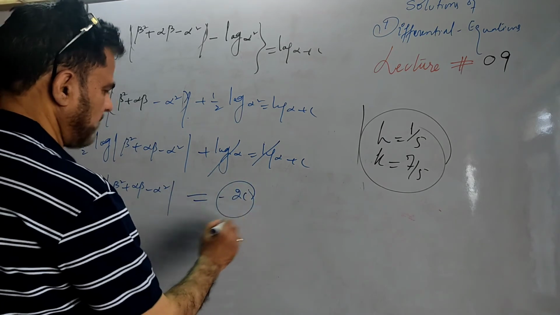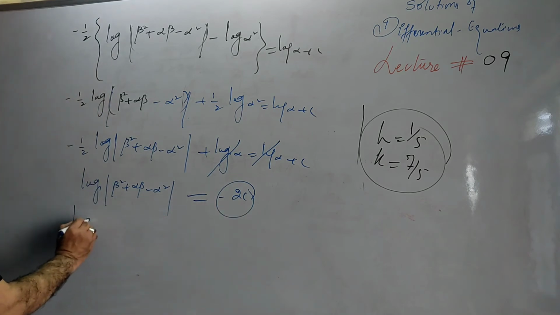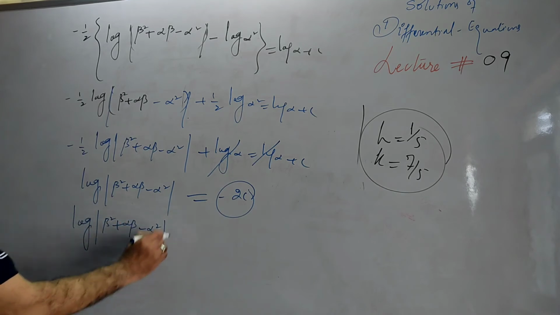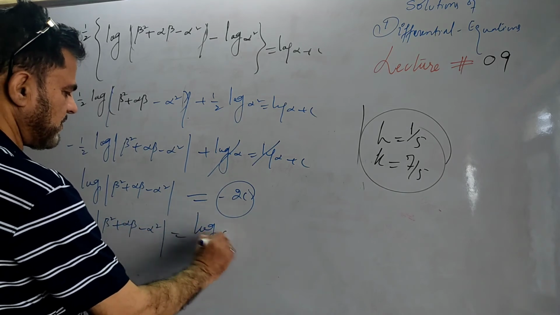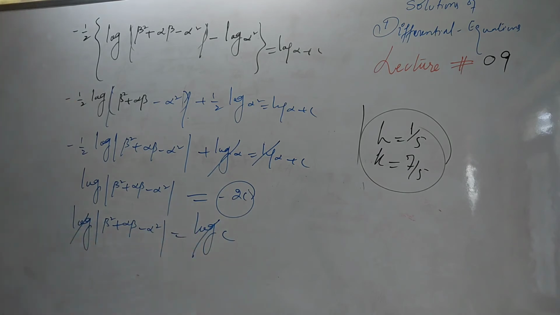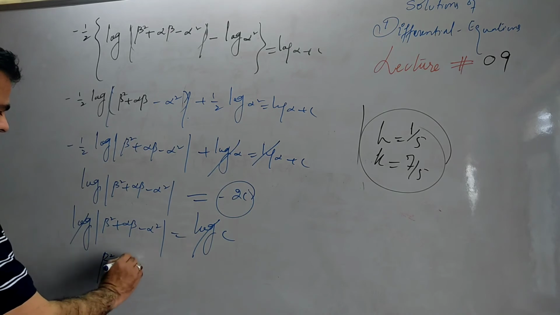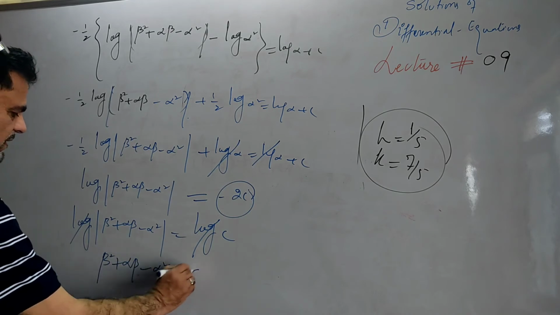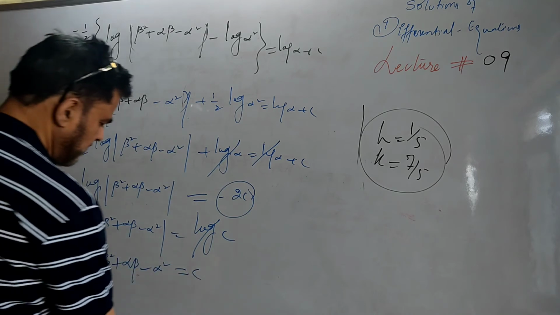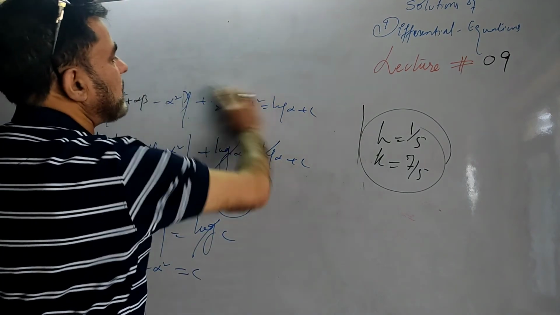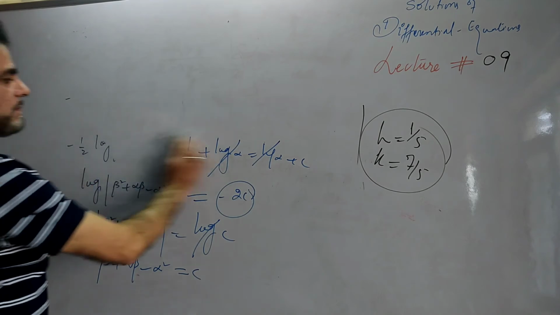Well, it is your constant. You can choose this: log of beta square plus alpha beta minus alpha square is log of c. So beta square plus alpha beta minus alpha square is equal to c. This is the solution, in fact. Now we have to use the value of this.